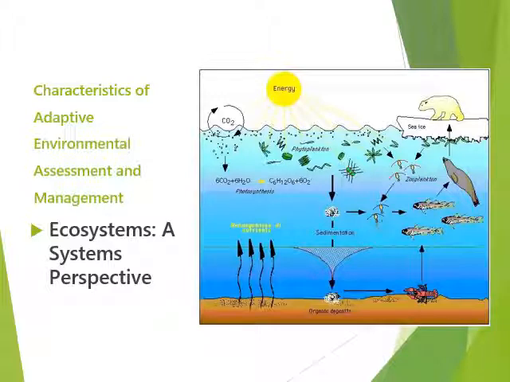A basic characteristic of adaptive management is that it adopts this idea of working with ecosystems, which is a systems perspective. Systems are interrelated elements acting together as whole things. I mentioned social ecological systems, which are a very complex sort of understanding of what systems are.